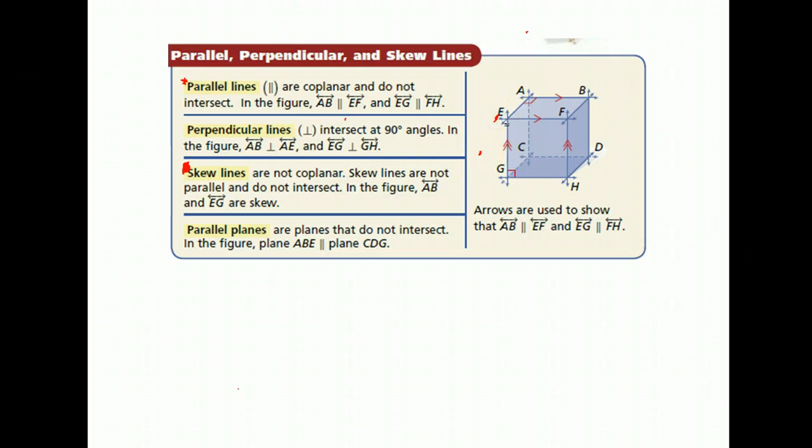So notice they gave the example of AB up here and EG here. Now notice those two lines will never intersect. If they were on the same plane, the directions they're going would allow them to intersect. But since one's on the front of the box going up and down, and the other's on the top of the box going sideways in the back, they're never going to intersect.